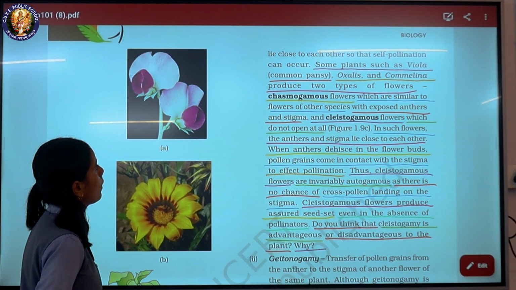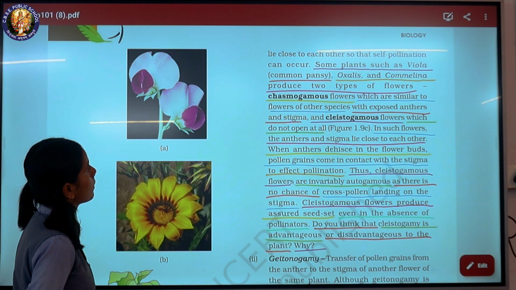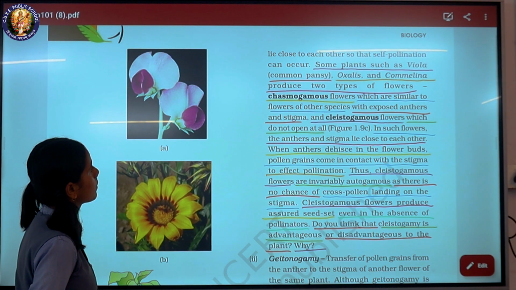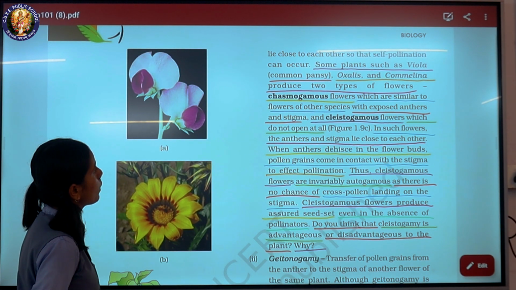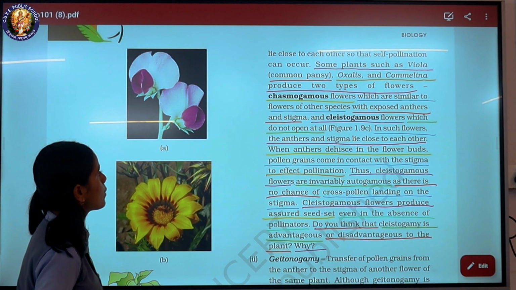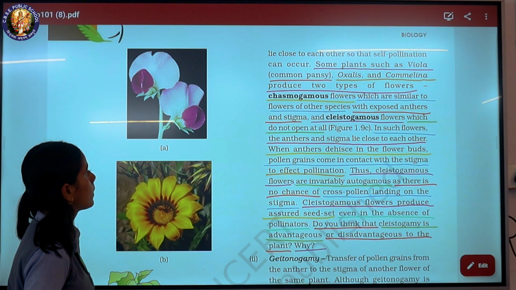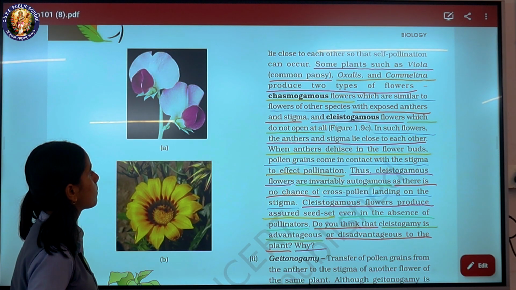Some plants such as viola, common pansy, oxalis and commelina produce 2 types of flowers: chasmogamous flowers, which are similar to flowers of other species, with exposed anthers and stigma, and cleistogamous flowers, which do not open at all.